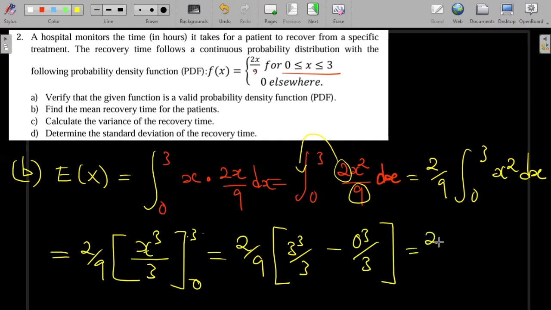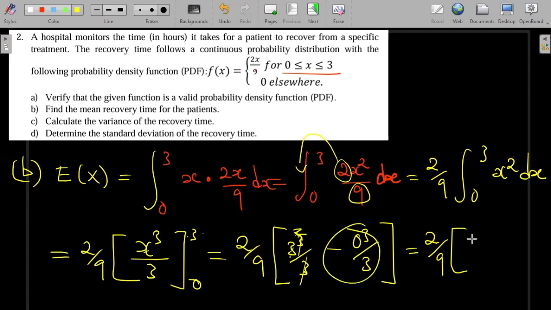And then this is going to give me 2 over 9, and in the brackets, what am I going to have? I have 3 to the power 3 divided by 3, so we can cancel one 3 with the other, and we remain with 3 to the power 2, and then this is 0.